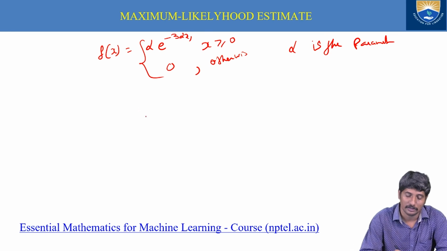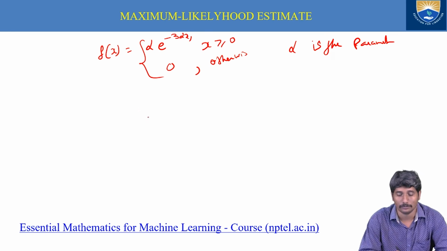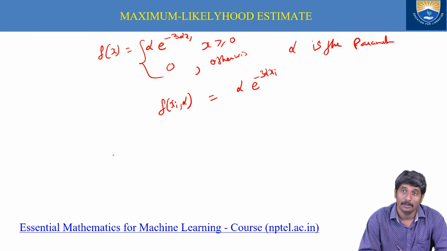For that I will take f of xi comma alpha as alpha e power minus 3 alpha xi. I am considering only finite data points x1, x2, and so on up to xn.